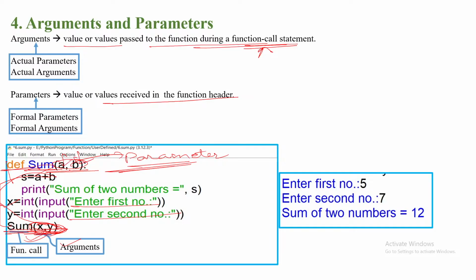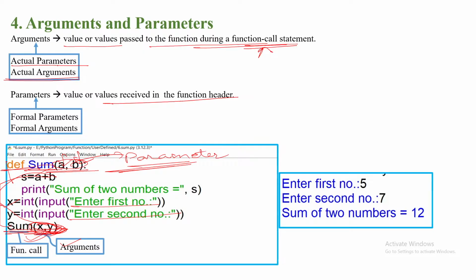So parameters are received in the function header, and arguments are passed in the function call, right? Arguments are also called actual parameters or actual arguments, because here we are passing the actual value.